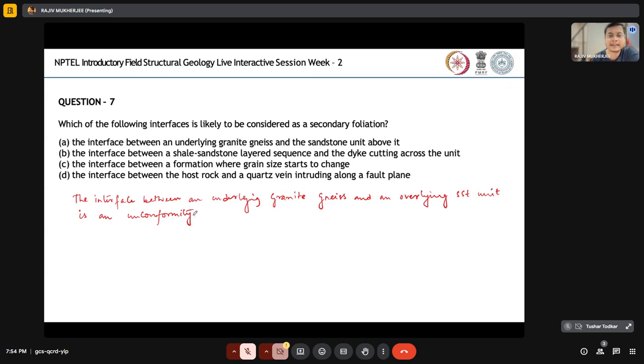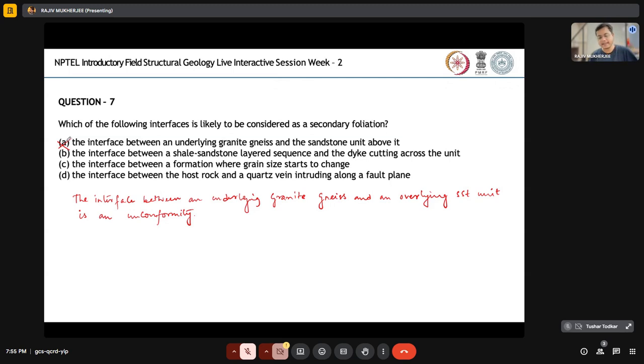So it is most likely that the granite gneiss is a supracrustal rock, or the basement rock, above which the sandstone unit or the alluvium is deposited. So that has to be a drastic change between the environment of deposition and deformation. So option A is not a correct answer, because it is not a secondary plane, it is just an unconformity.